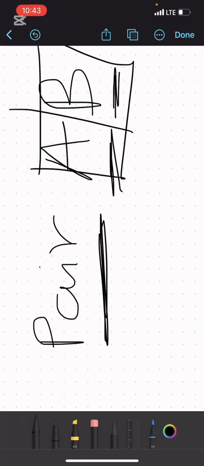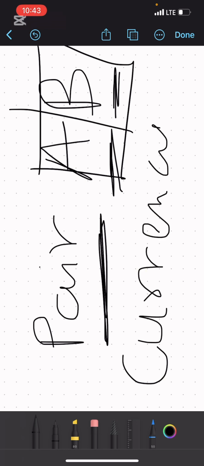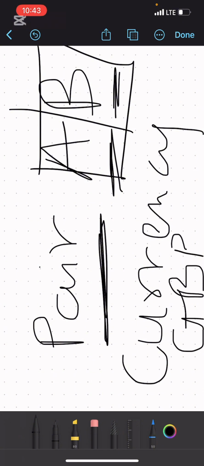But let's say, for example, I just say currency. A currency can be GBP. GBP stands for Great British Pound. So this is a currency. But a pair is when we have another currency attached to it.